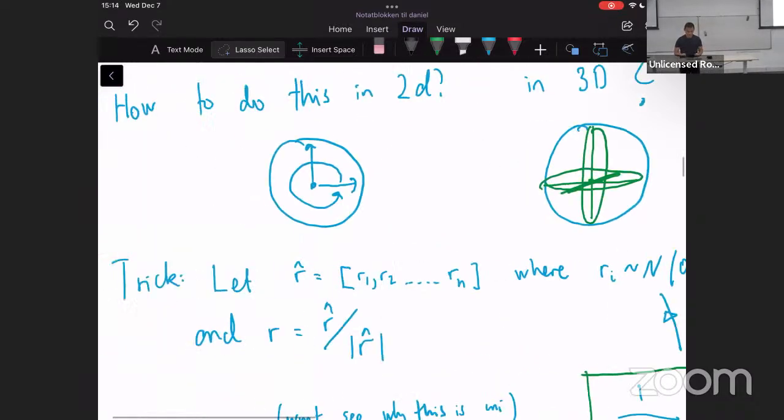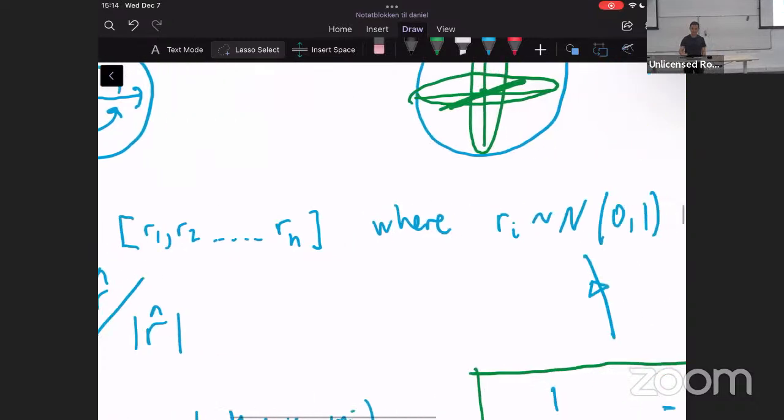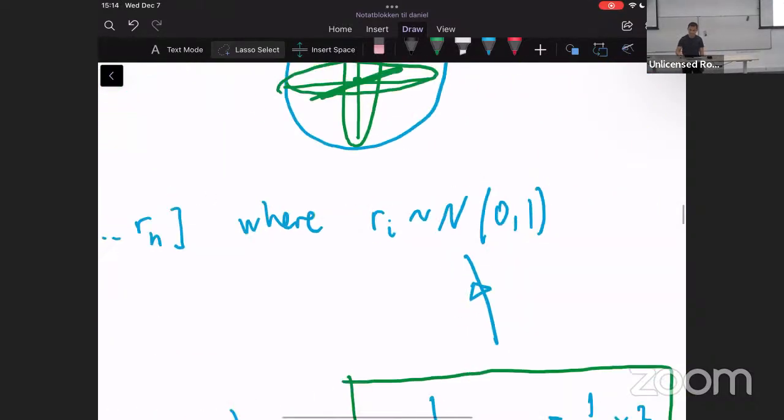It turns out that if you just take a basis, like the x-axis, y-axis, and you pick every coordinate from a normal distribution, like N(0,1), so a normal distribution with mean 0 and standard deviation 1, you're not always going to get a unit vector.